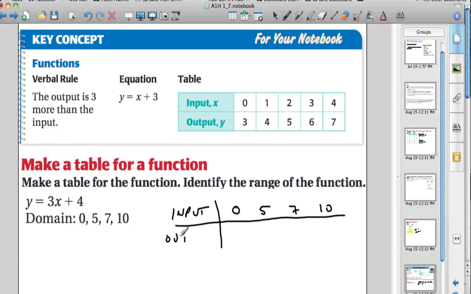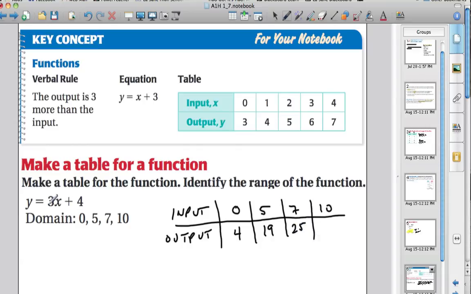And then my outputs will be the result of plugging these in. So when x is 0, 3 times 0 is 0, plus 4 is 4. When x is 5, 3 times 5 is 15, plus 4 is 19. When x is 7, 3 times 7 is 21, plus 4 is 25.